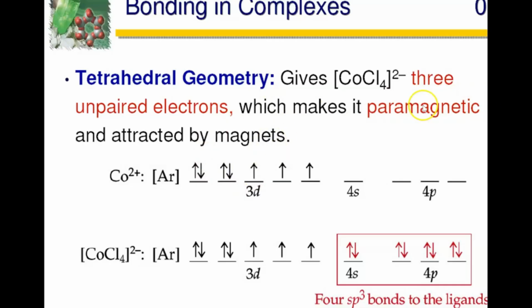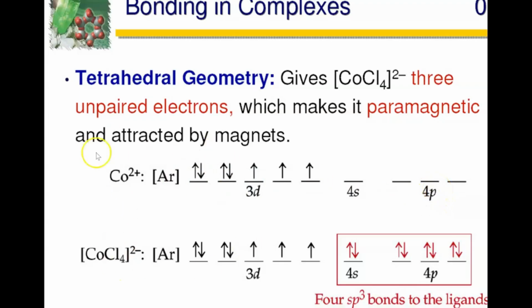So how can we determine the paramagnetic properties of this complex? Based on the orbital box diagram, we need to draw the orbital box diagram first. At first we draw for the cobalt ion without the ligand. We draw the argon inner electrons and 3d7, with 4s being 0 and 4p also 0.